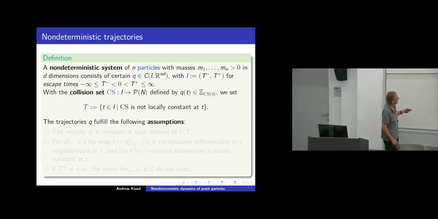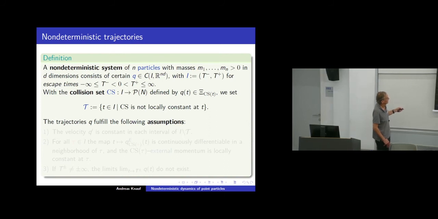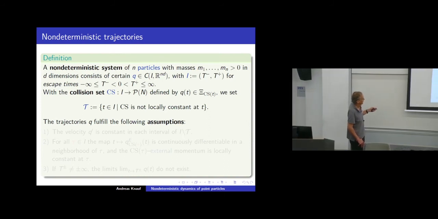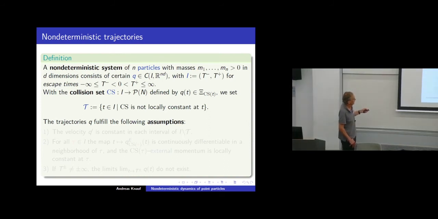So now the first thing is that if you have such a curve arbitrarily chosen, then you get a subset of your time interval I, call this T, where this CS function is not locally constant at this T. So what is CS?